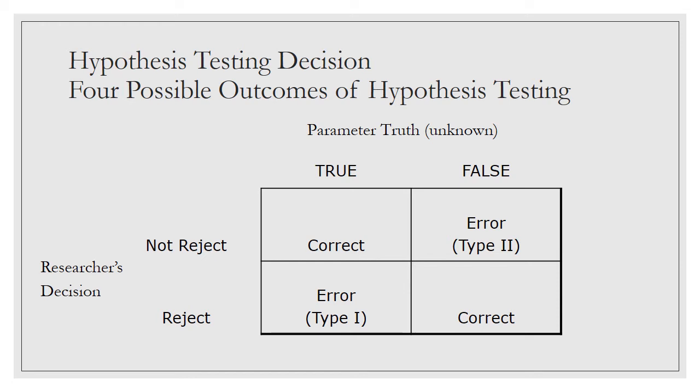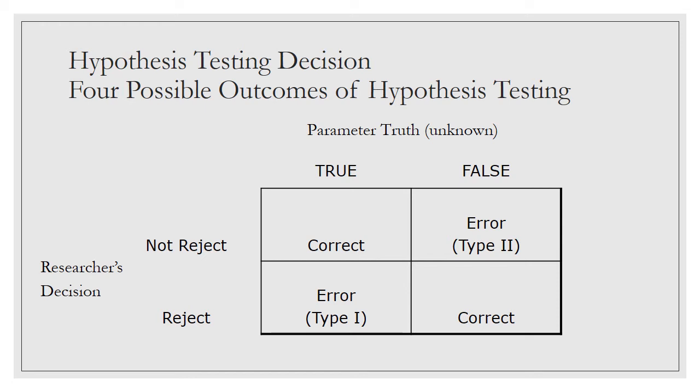That means the decision we made about our sample also reflects the truth of the population that we cannot measure. If a true null hypothesis is rejected, or a false null hypothesis is accepted or not rejected, we say we have made an error.